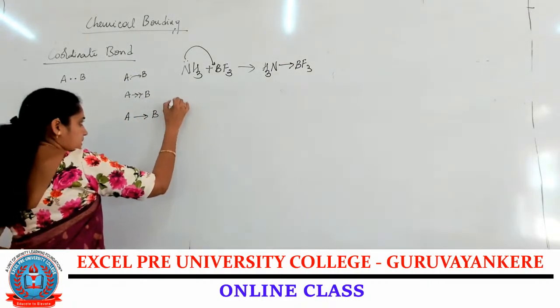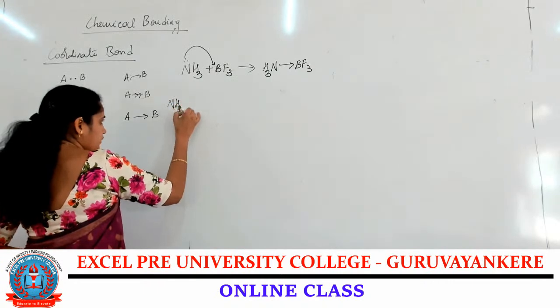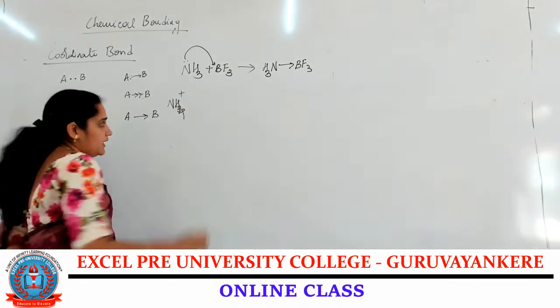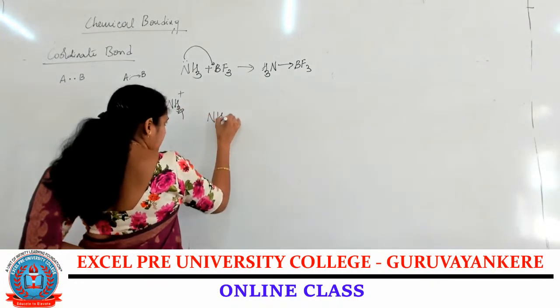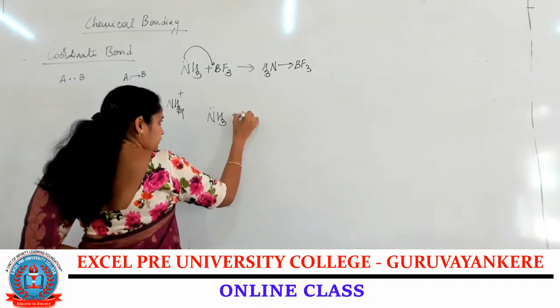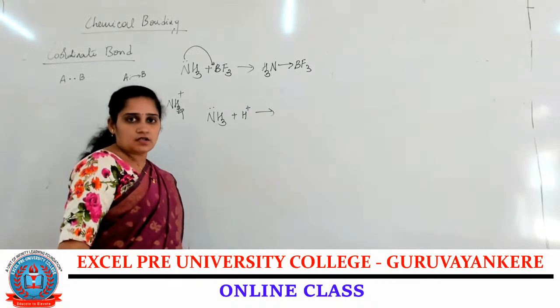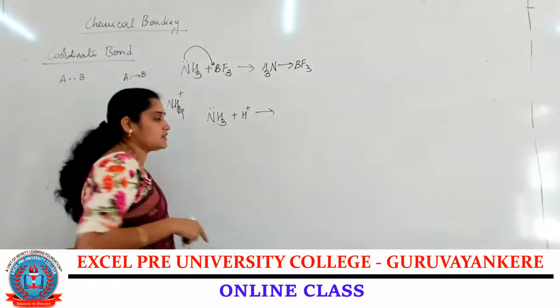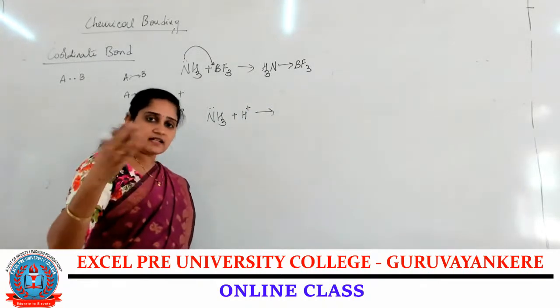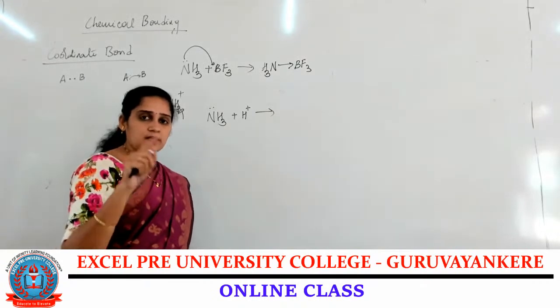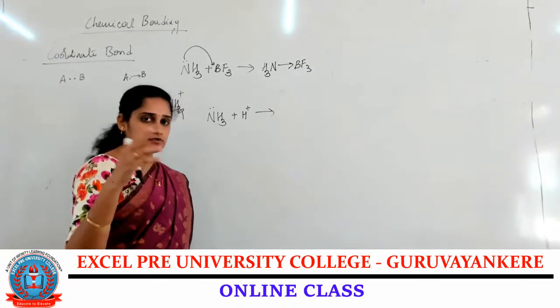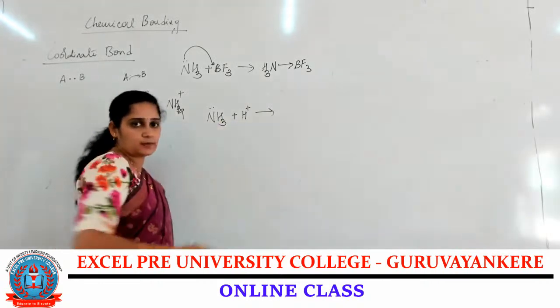And one more example, the formation of the ammonium ion. NH3 contains a lone pair of electrons, plus H plus ion. H plus is nothing but 1s1, and that one electron is also removed. So it forms NH4 plus.